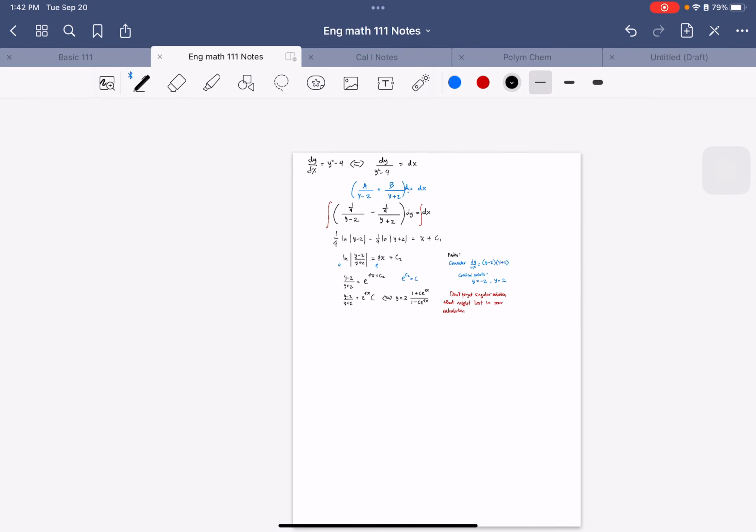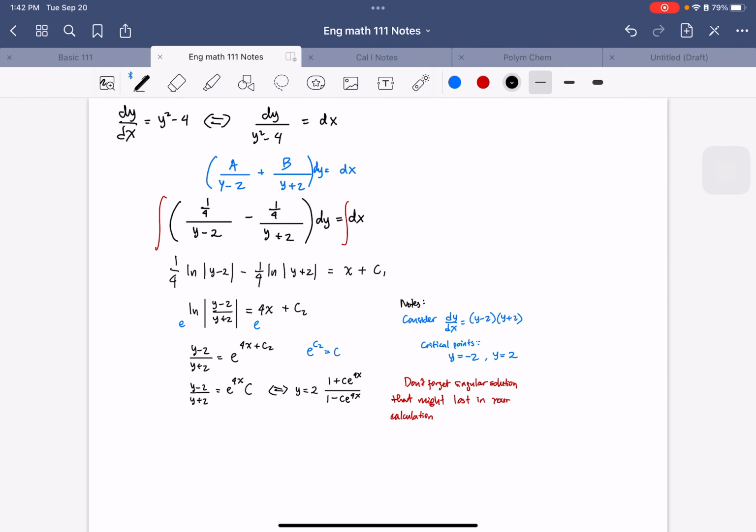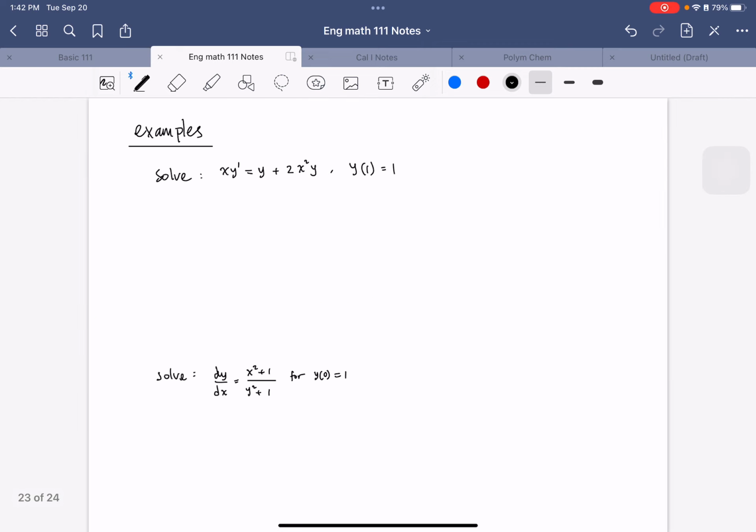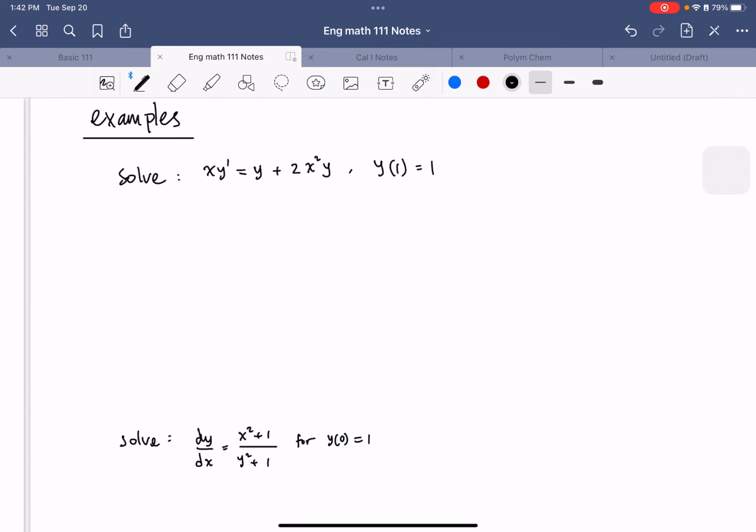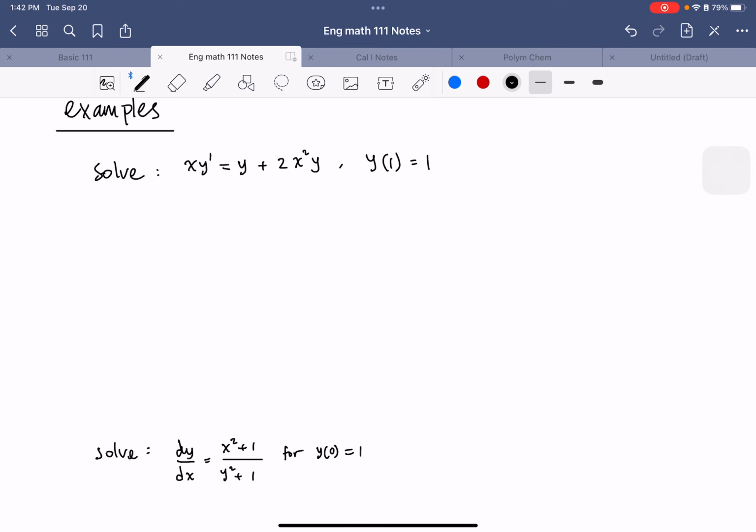Okay, maybe giving you the example. Two questions, two examples. I hope it can help you.